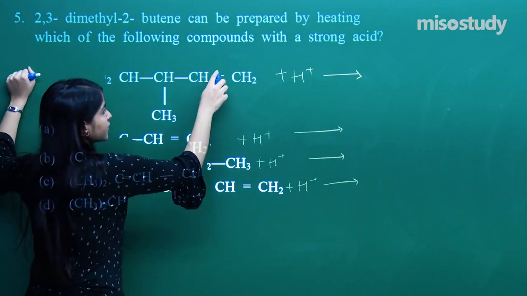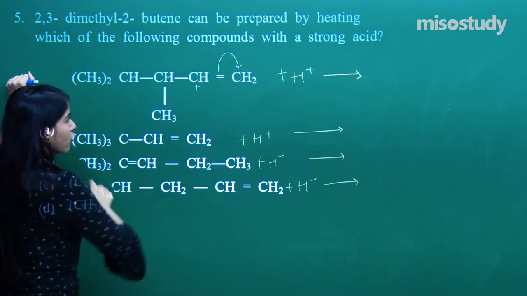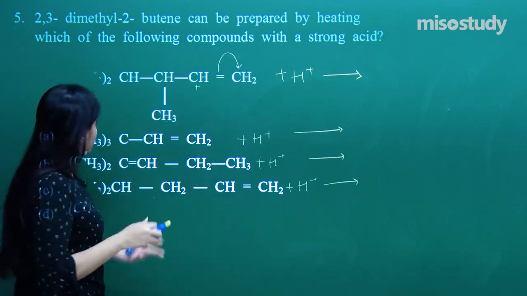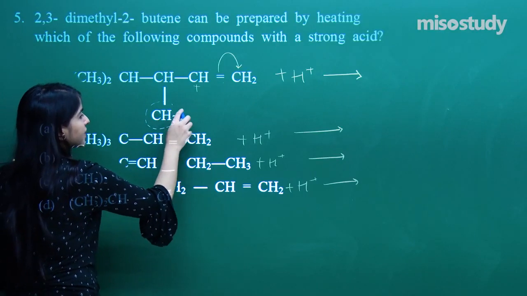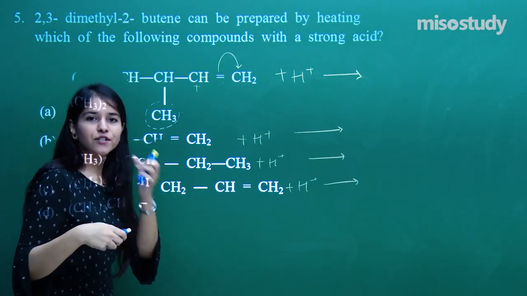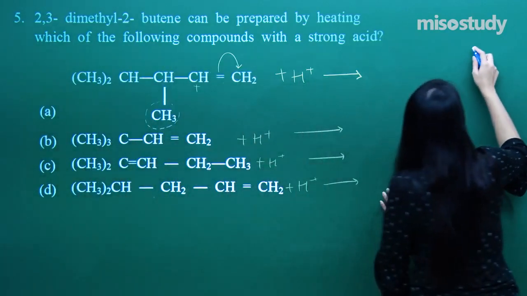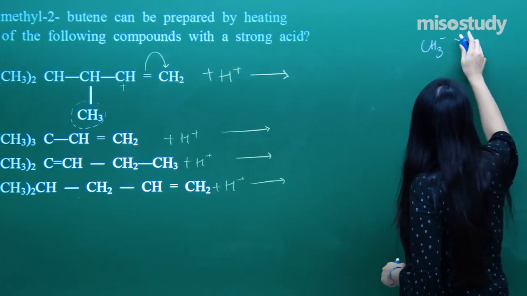So if I shift this here, what will happen? I get a positive carbocation generated over here, that is a primary carbocation. So I can shift what? I can have a methyl shift or a hydride shift. So if you observe, I have got 2 kinds of shifts: methyl shift and hydride shift.